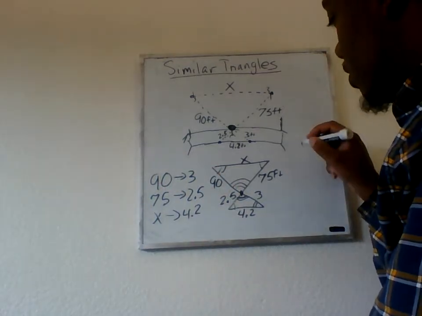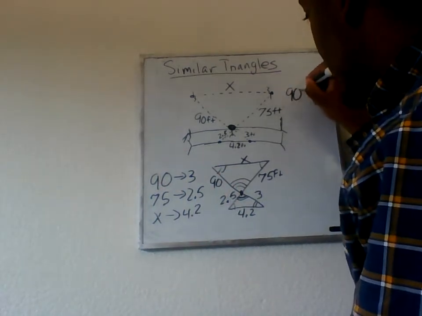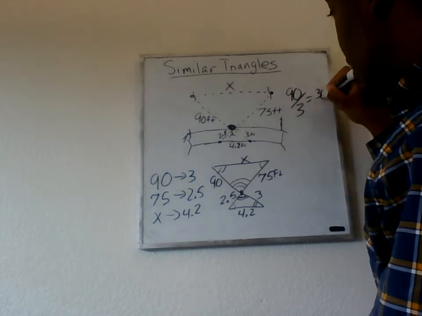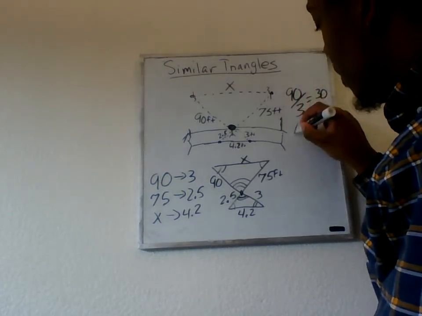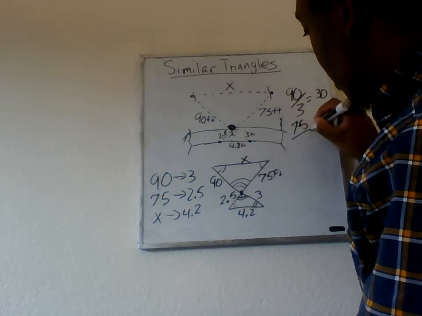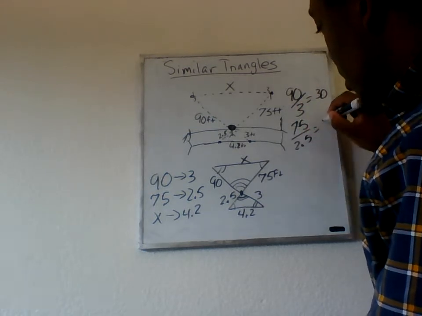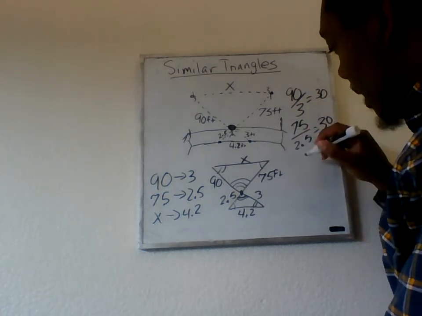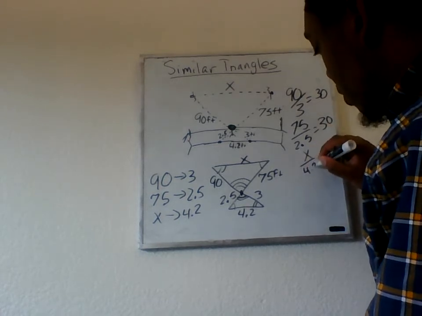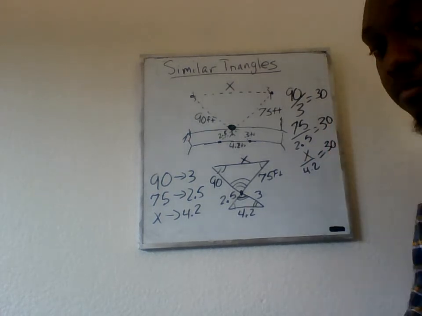So in general, we could do 90 divided by 3, and we get 30. Let's see if we get the same thing. 75 divided by 2.5. Oh, we get 30 again. That means when we do x divided by 4.2, we should also get 30.